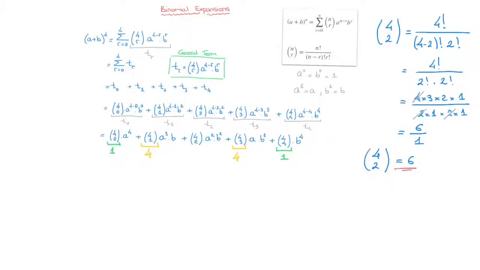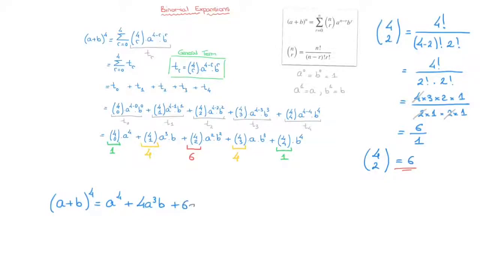And there we go. So we can add that to our expansion. The binomial coefficient 4, 2 is 6. And we're now in a position to write our final answer. Indeed, we can go ahead and state that a plus b raised to the power of 4 is equal to 1 times a to the power of 4, which is just a raised to the power of 4, plus 4 times a cubed times b, so that's 4a cubed b, plus 6 times a squared times b squared.